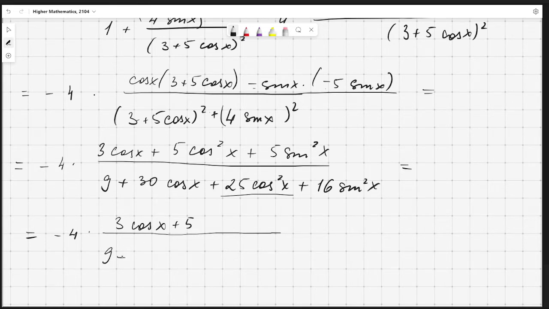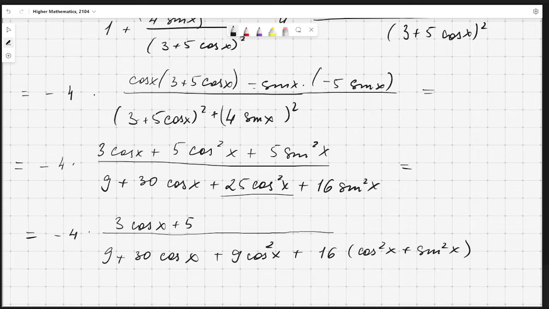We have 9 plus 30 cosine of x plus 9 cosine squared of x plus 16 cosine squared of x plus sine squared of x. This is the trigonometric unit. Here 1, just 1. And we have 16 plus 9 is 25.